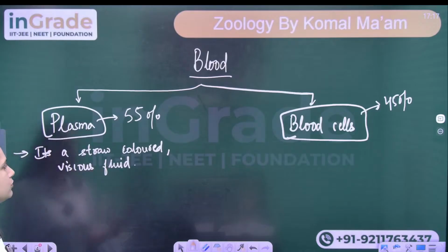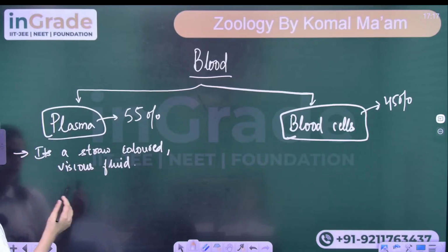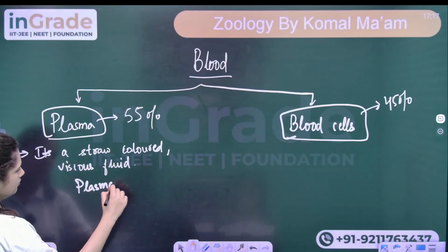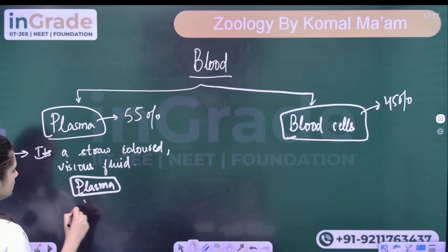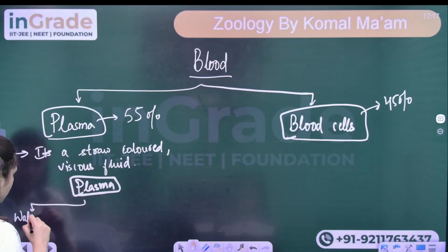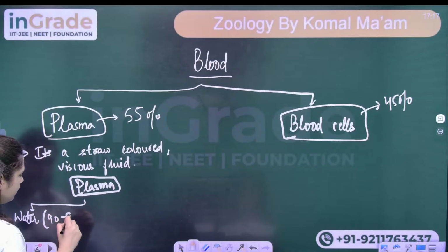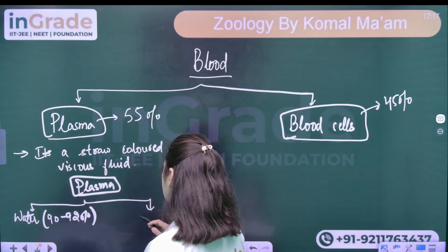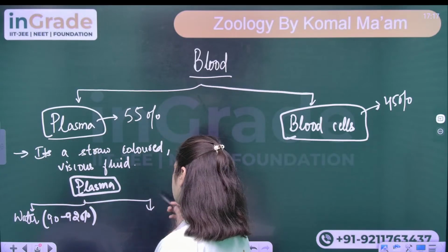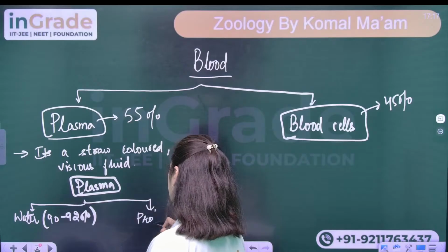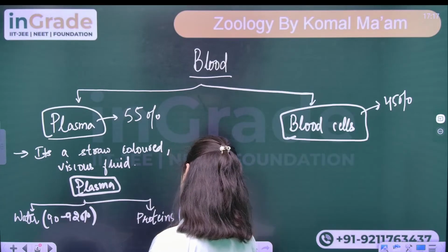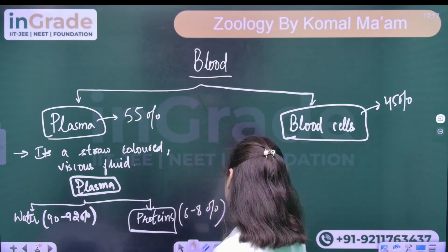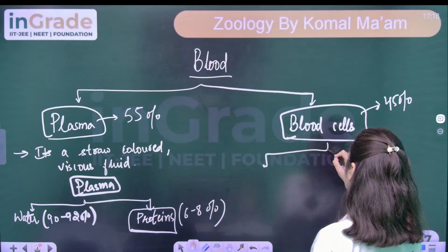It is mostly made up of water, that is 90 to 92%, and the rest 6 to 8% constitutes proteins. We have three types of proteins. We'll discuss it in detail. And blood cells which we have are of three types.